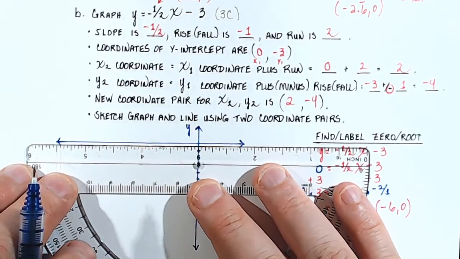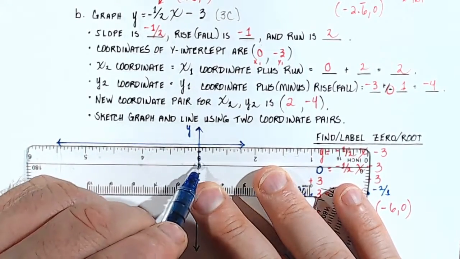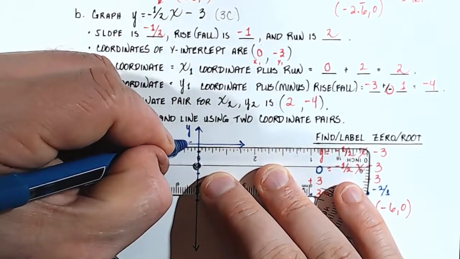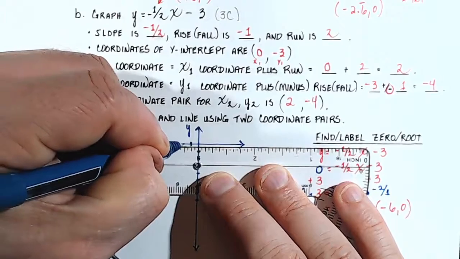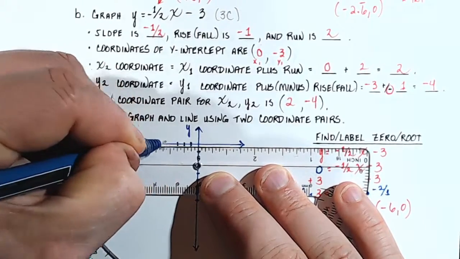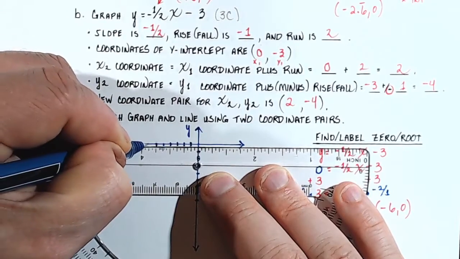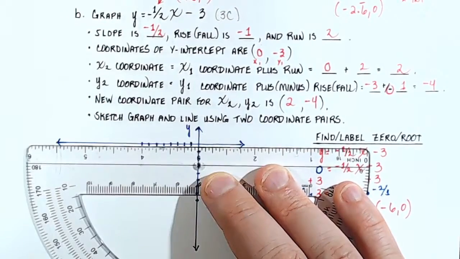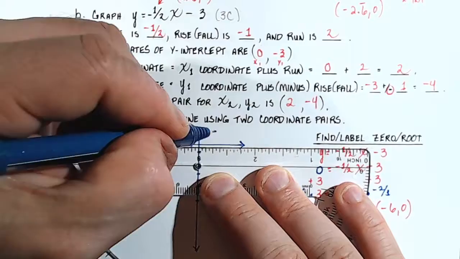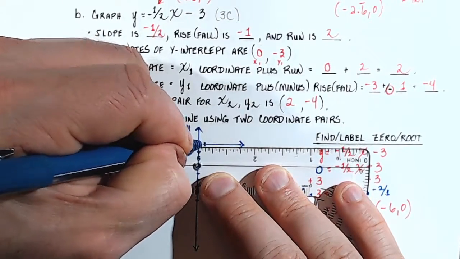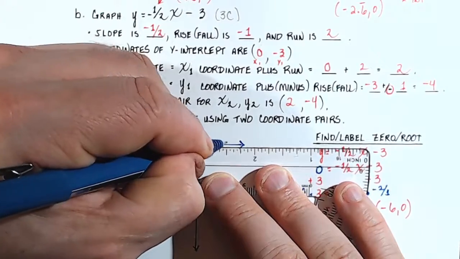And then we'll do the same thing over here on the x-axis, line it up. See how there's a line going straight through above the 3. Now go over 1, 2, 3, 4, 5, 6, 7, 8. That's good enough. And then on the right side of the y-axis, we'll go over 1, 2, 3, 4.